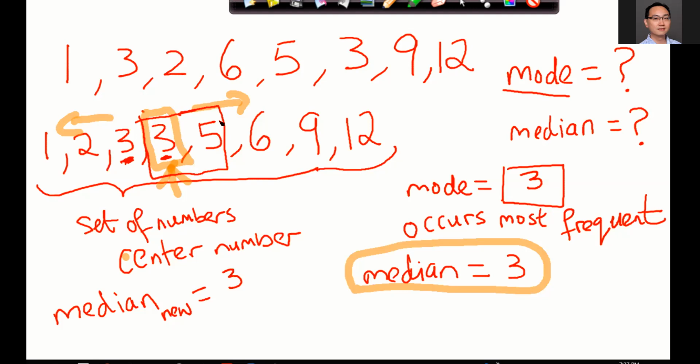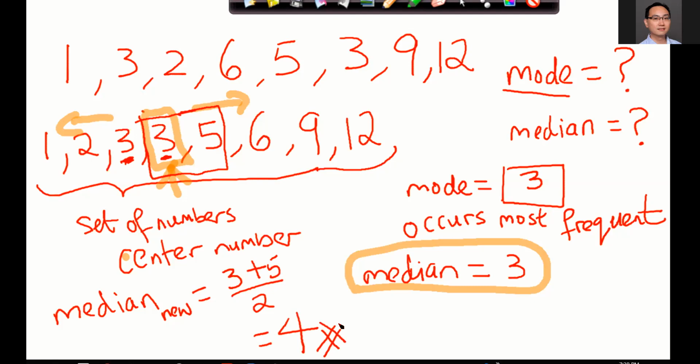So you average out the 2 numbers in between. You take 3 plus 5 divided by 2. So your new median will be 8 over 2, which is 4. Do you agree? This one is quite fundamental. I think it's quite clear.